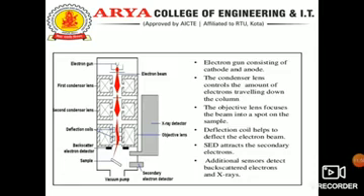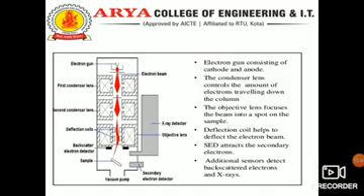The condenser lenses control the amount of electrons traveling down the column. The objective lens focuses the beam onto a spot of the sample, and the deflection coil helps to deflect the electron beam, and the secondary electron detector attracts the secondary electrons, and the additional sensors are used to detect the backscattered electrons and X-rays.